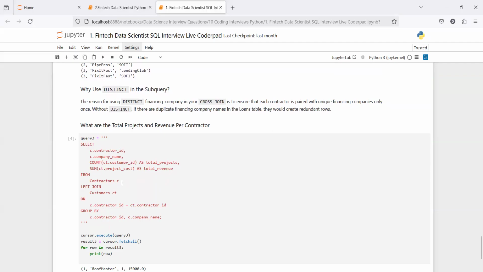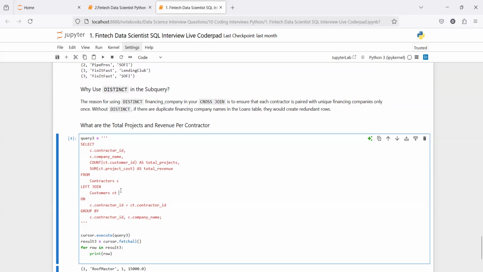We have to link up the contractors with the customers table on contractor ID. Obviously, hopefully nobody's being thrown off by these, but these are temporary holding places. It could have been A and B. A dot contractor ID is equal to B dot. It could be whatever you want, right? Is basically what I'm trying to get at. Okay. So that's what the join is.